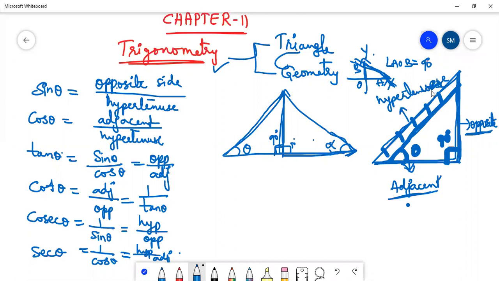The part of the length on the vertical axis is the opposite side, and the part of the length on the horizontal line is the adjacent side.